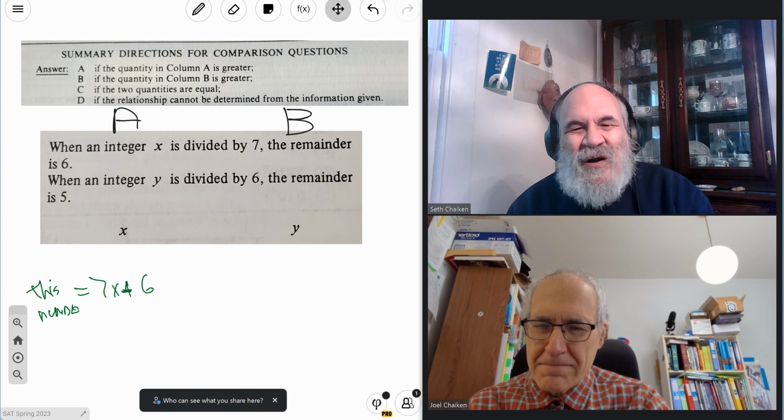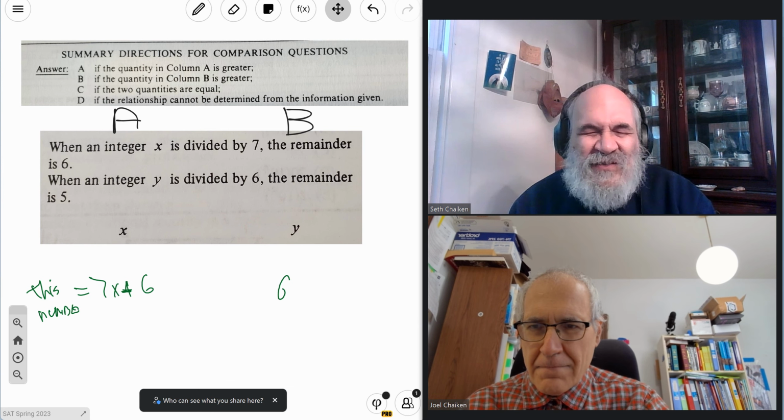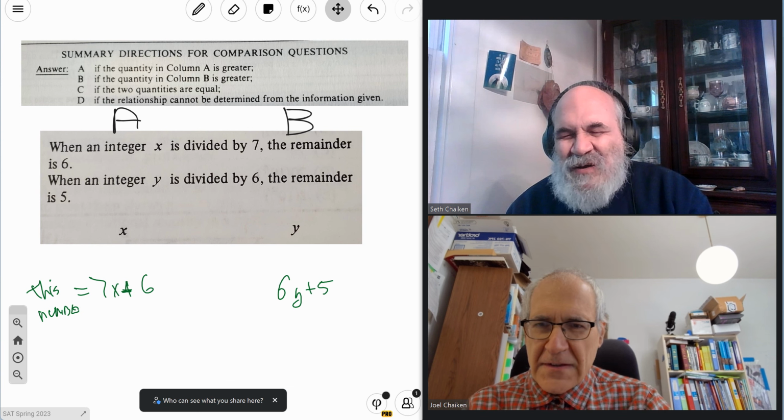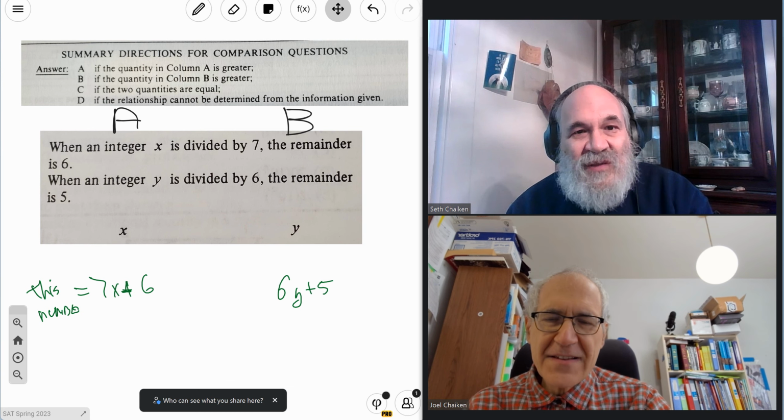Same thing for a different integer, y. Since independently x could be big or small, and y could be big or small, you cannot predict any inequality relationship between them. That would make sense. The answer is D.